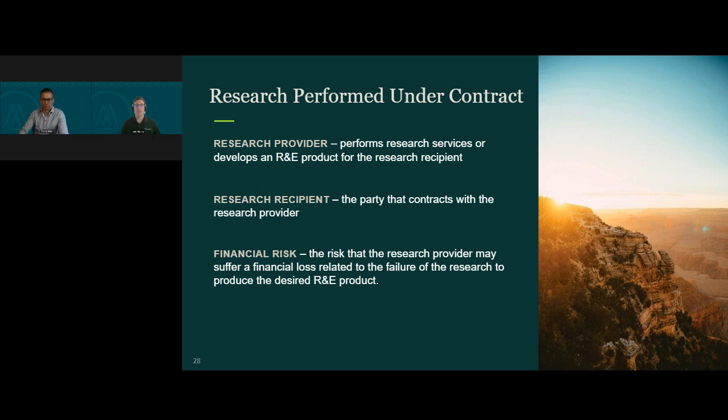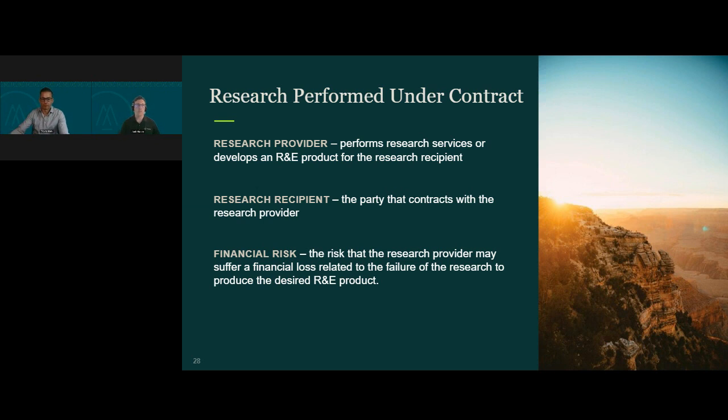Another important term added in the notice is financial risk. This is a risk that the research provider may suffer a financial loss related to the failure of the research to produce the desired R&E product.